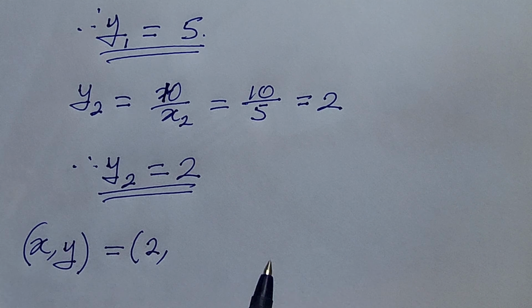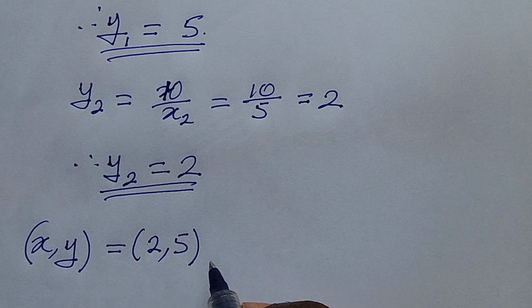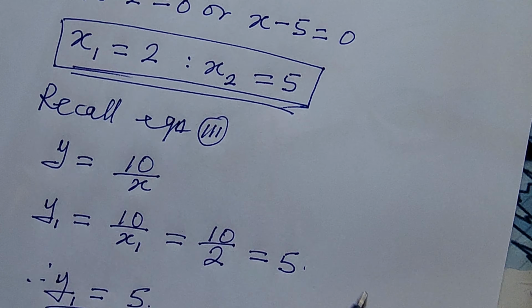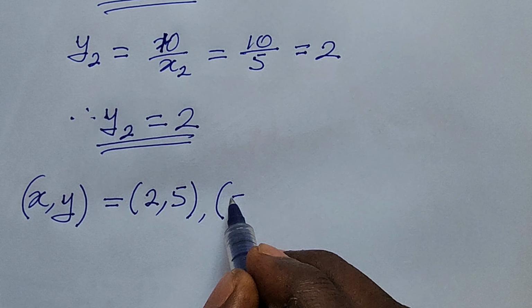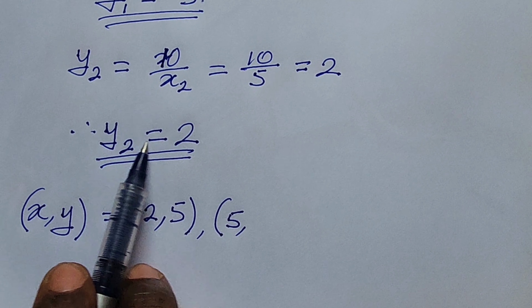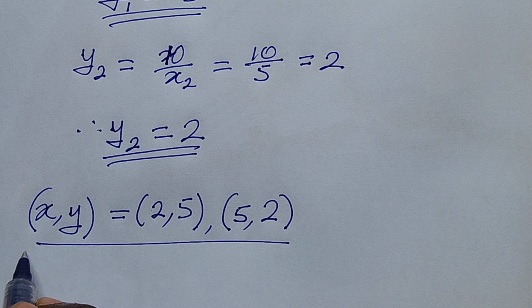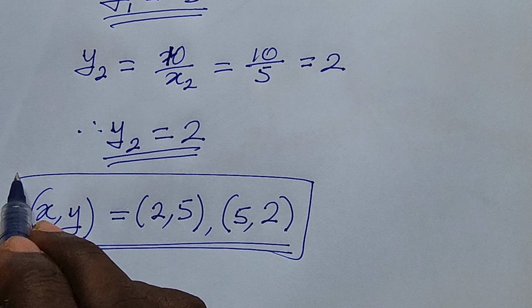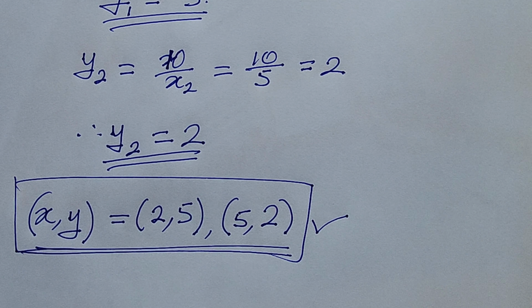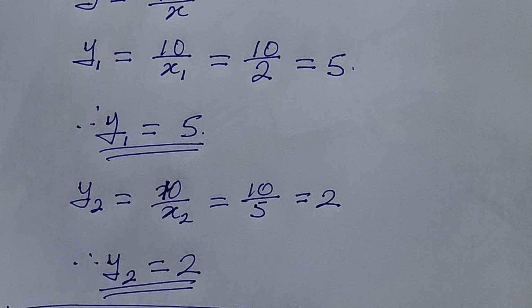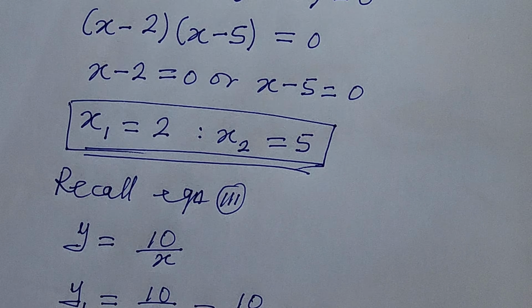Our y1 is 5. And when we have x2 to be 5, what is our y2? y2 is 2. All right. So these are the pairs of values of x and y that actually satisfy these radical equations.